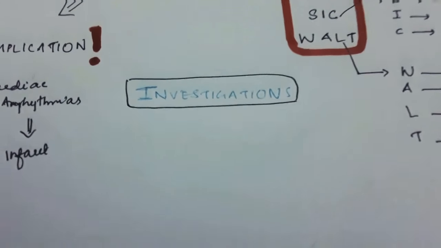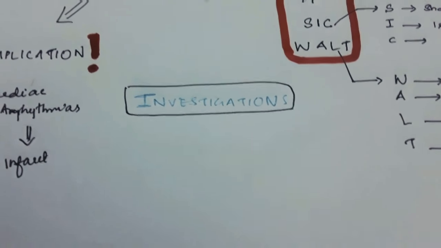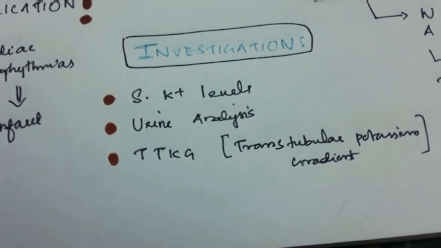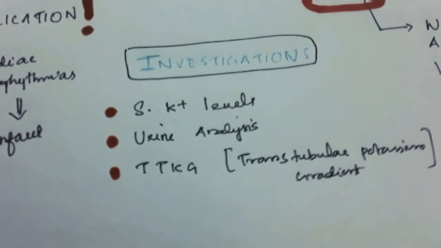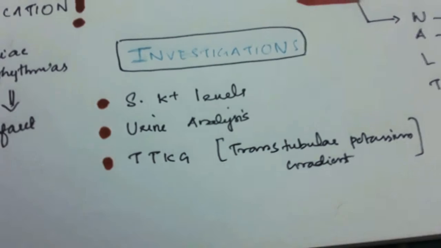So coming to investigations. Along with general routine investigations, we need to do specifically serum potassium levels, urine analysis, and TTKG, that is transtubular potassium gradient. This will help us to find out the etiology and treat accordingly.